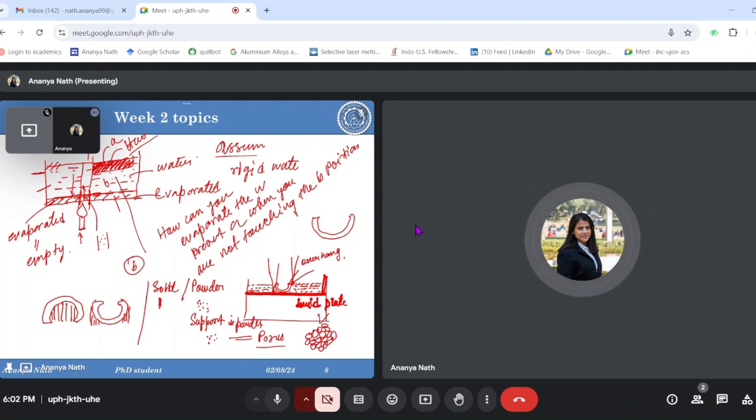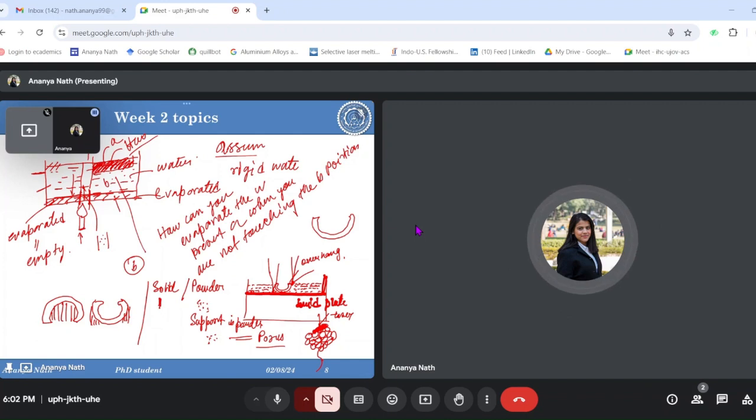And when the laser comes, the heat will just transfer to the build plate and go inside the powders, and it will not melt the powders because there is an air gap. In the air the heat is nothing, what will air do with the heat, it will just transfer. So I want to melt the powder present over here.